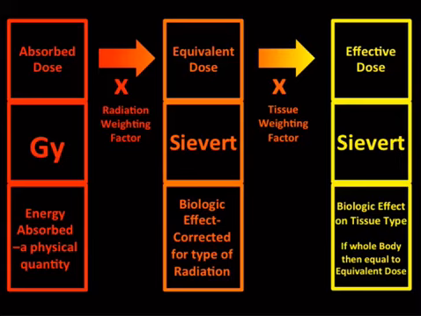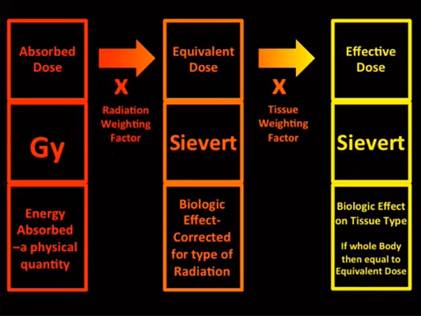Now you can multiply that times a radiation weighting factor. The weighting factor for X-rays and gamma rays is essentially 1, so it's a 1-to-1 relationship, and that's important. So in other words, 1 gray equals 1 sievert as long as you're using X-rays. Now, if you're using an alpha particle, like you're doing radiation ablation therapy, then you have to multiply it by like 20.